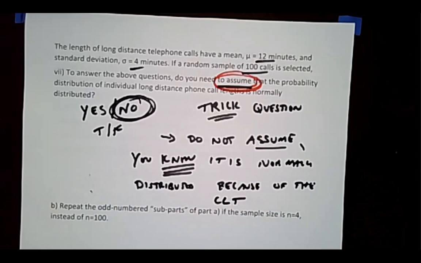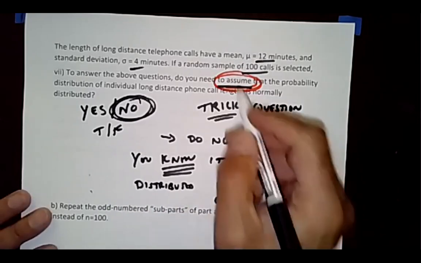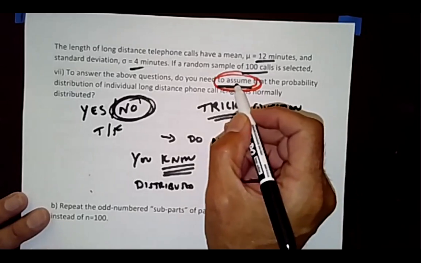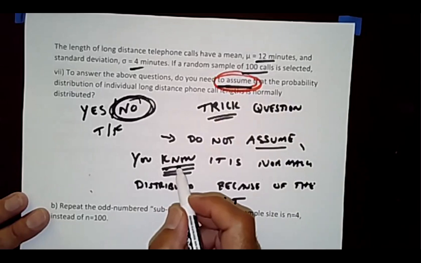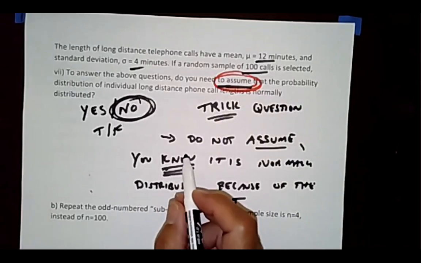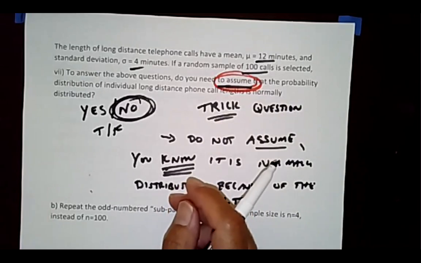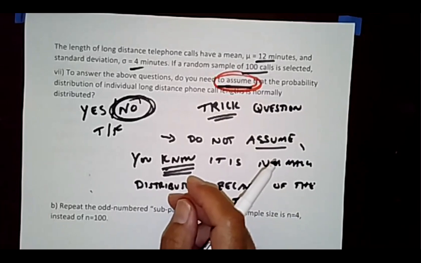So Ryan, you had it correct. It is the CLT, right? But you do not assume. Assuming means you make the assertion. No assertion, you know it is. It says if there's more than 15, you are 100% positive it'll follow a normal curve.